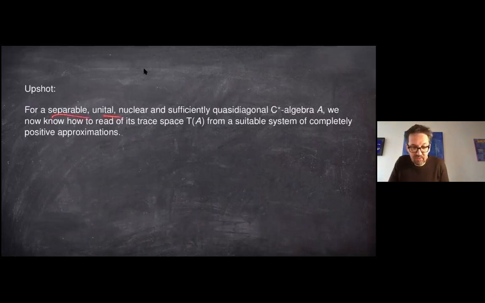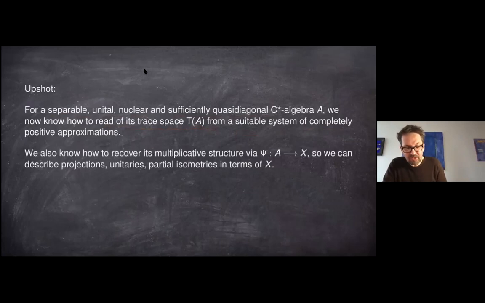When you have a separable unital nuclear and, say, sufficiently quasi-diagonal C star algebra, by that I mean the traces are quasi-diagonal, the traces can be approximated by traces on finite dimensional C star algebras in a suitable way, then we know how to read off its trace space from the system of completely positive approximations, but we also know how to recover the multiplicative structure by looking at the map psi from A to this inductive limit in the category of operator systems.